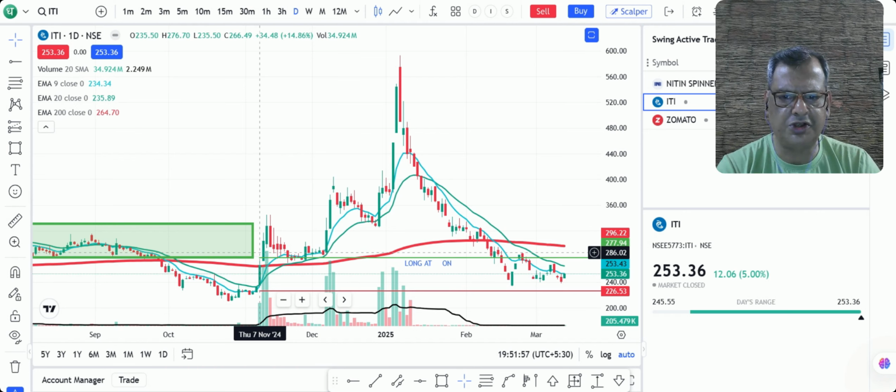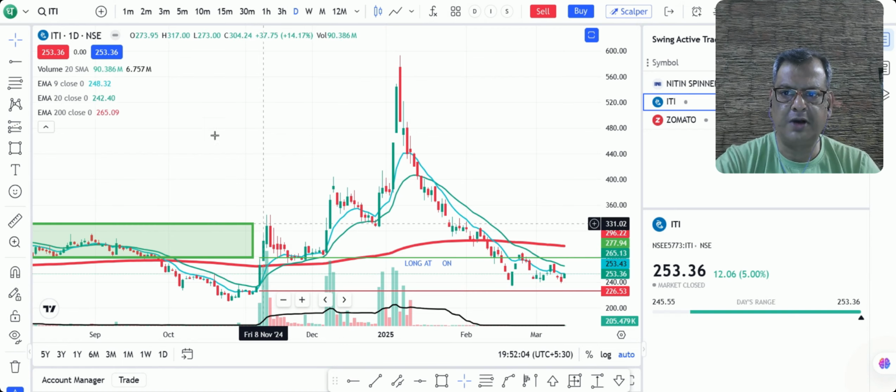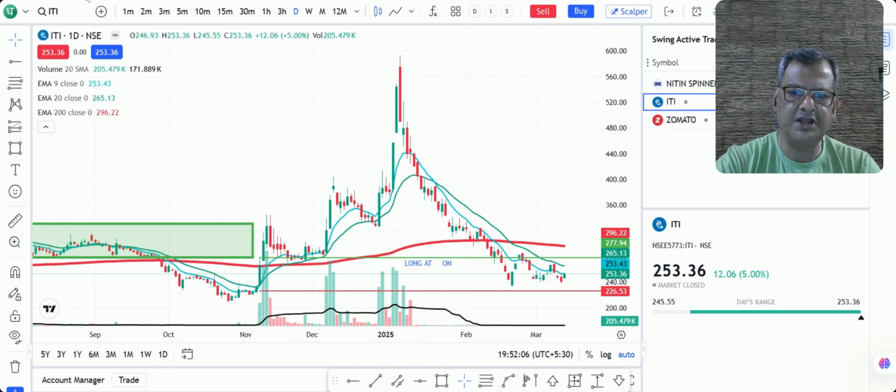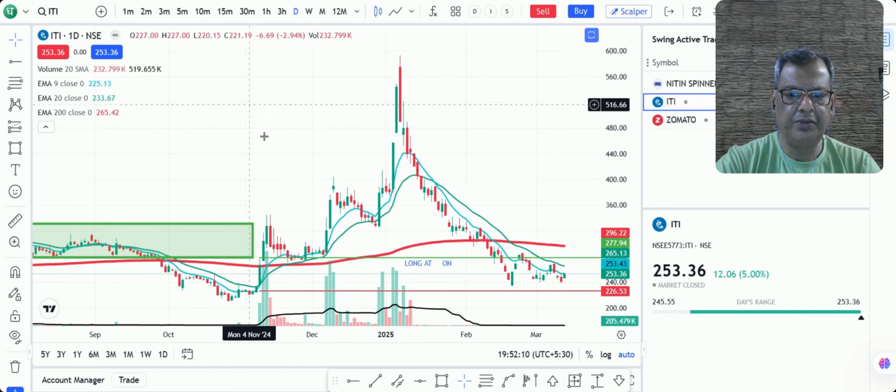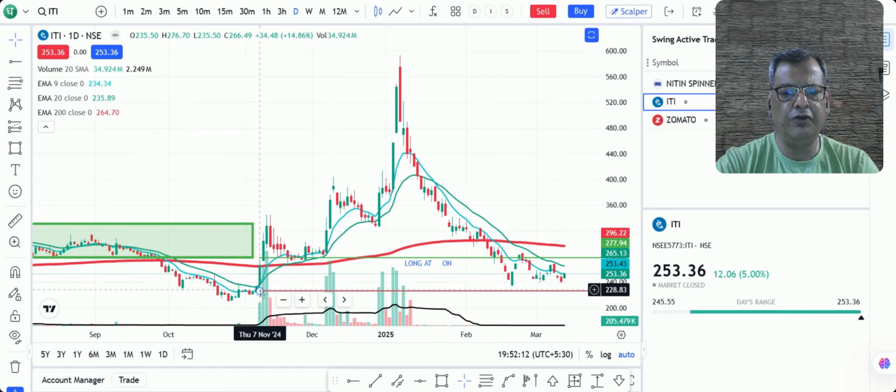At all. There are 2,600 stocks in the stock market. Why are you so desperate that you will go and hunt every crossover, irrespective of what's happening? Please don't do that.